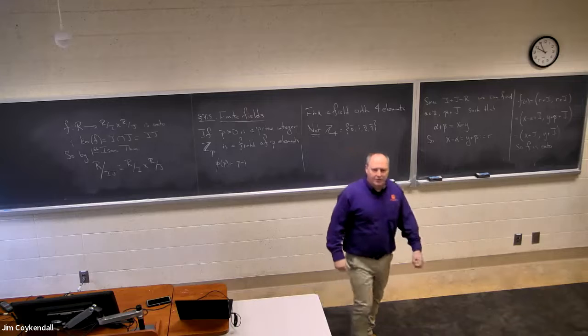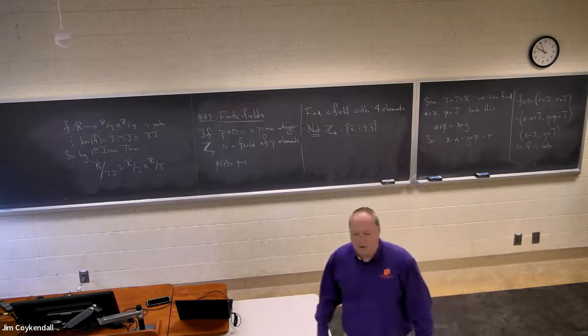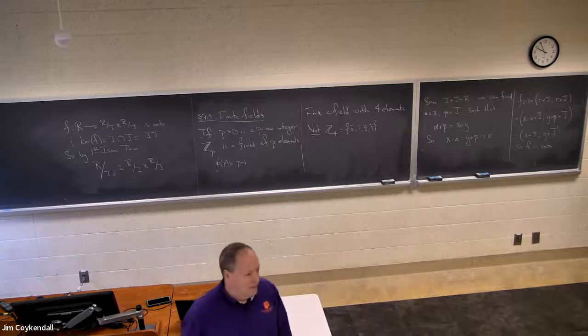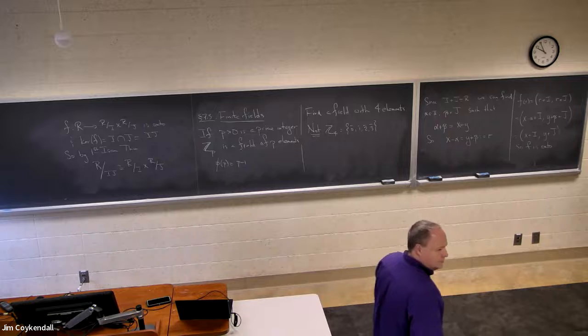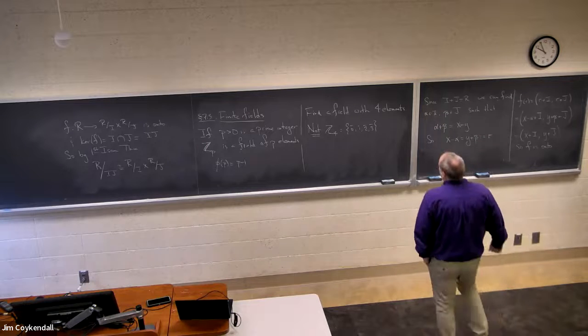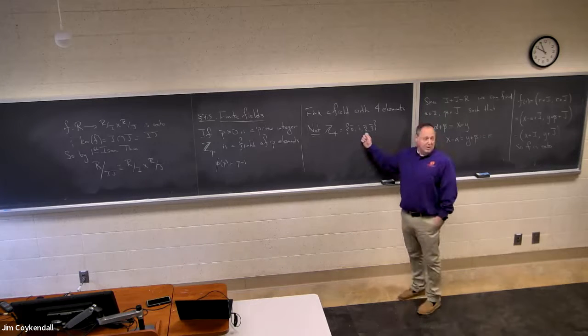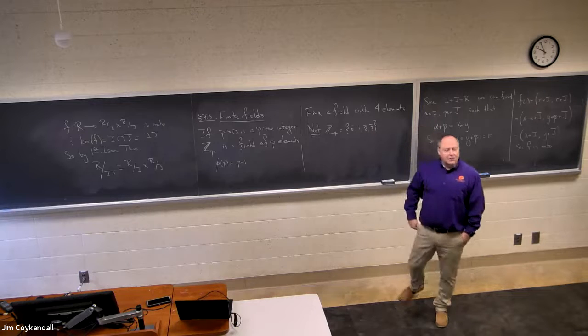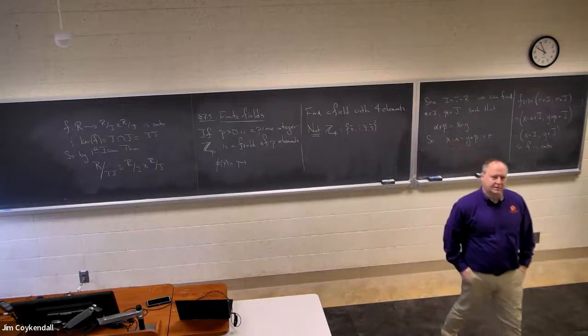It's certainly not Z4. How come Z4 is not a field? Yeah, 2 bar is problematic, so it's certainly not invertible. Is there a field of 4 elements?